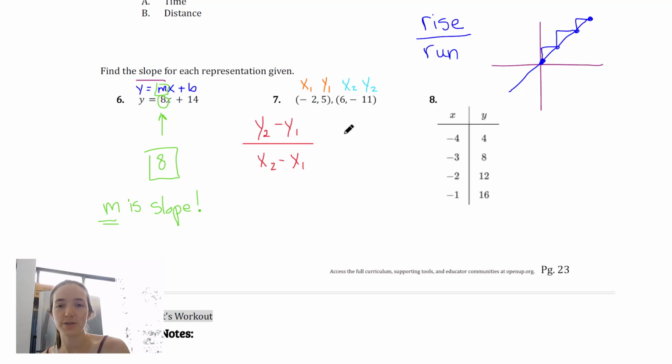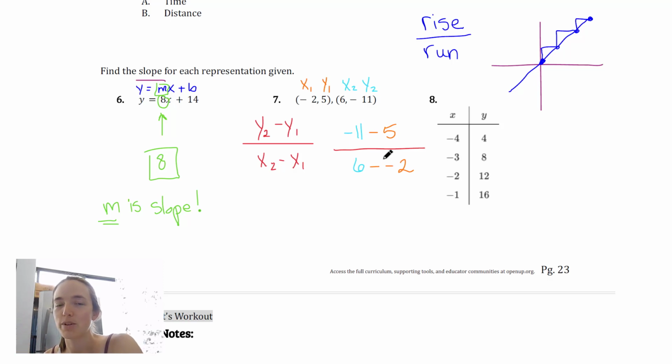So now what I'm going to do is just plug in values. So y2 is negative 11, x2 is 6, those are my blue values. y1 is 5, and x1 is negative 2. I wrote minus negative 2 on the bottom. There was already a minus here, and then x1 is negative 2, so I've got minus negative.